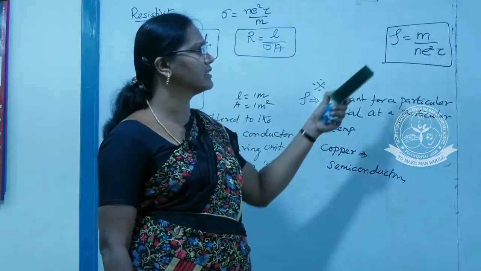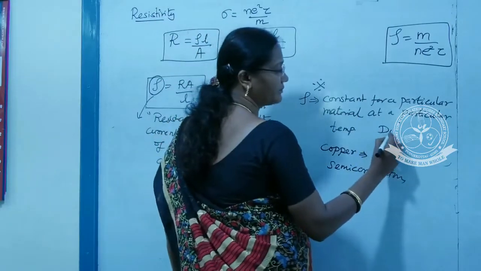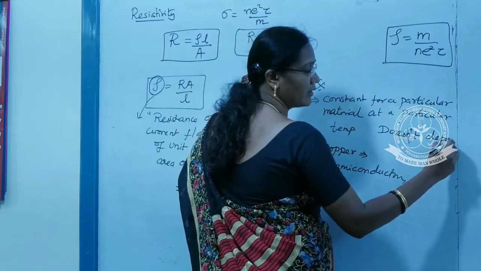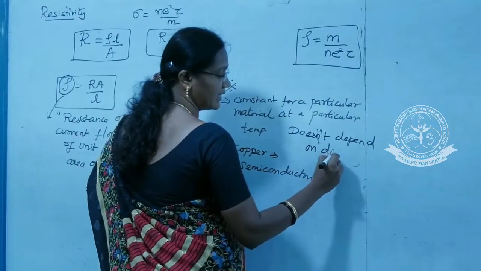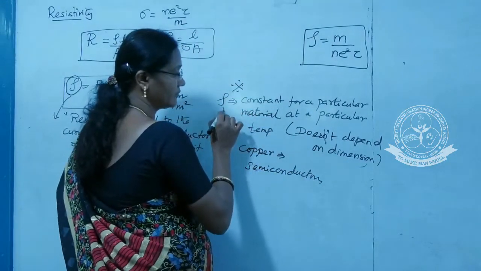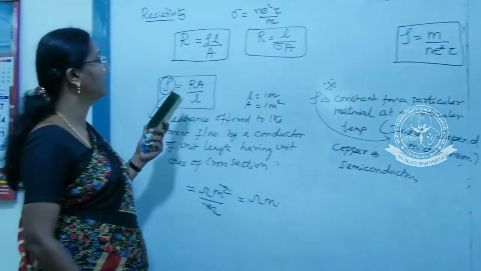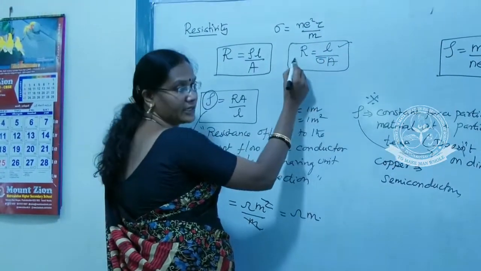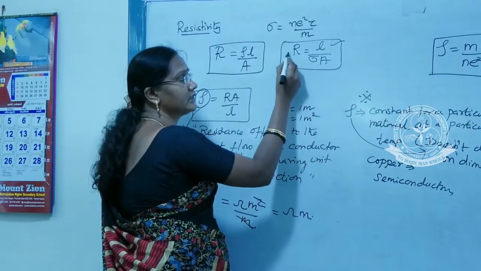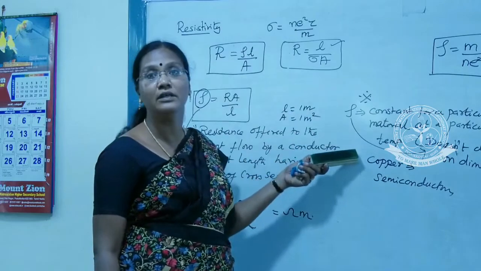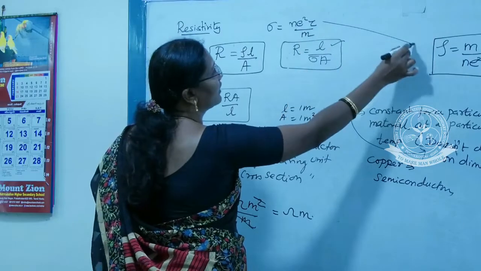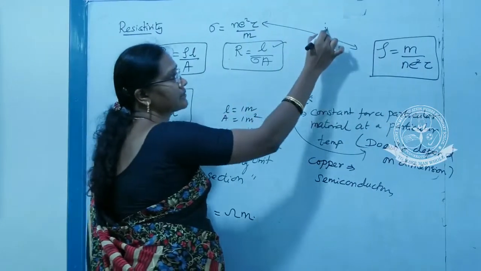Rho or sigma does not depend on dimension. If you change the length, resistance increases or decreases. If area increases, resistance decreases. But this is not the case for resistivity or sigma, because these two are intrinsic properties.